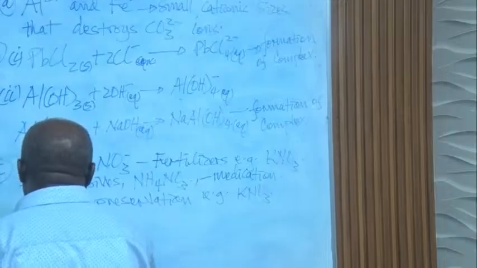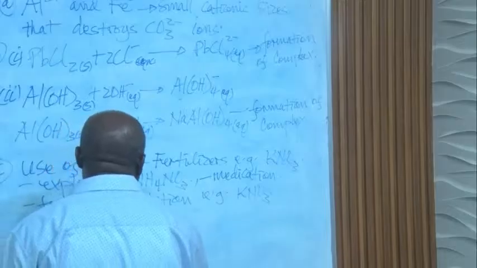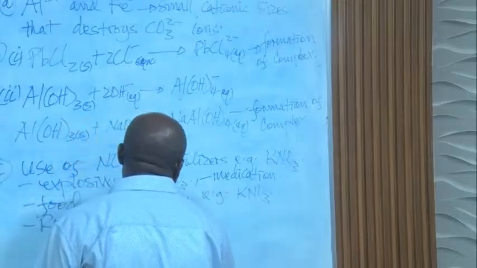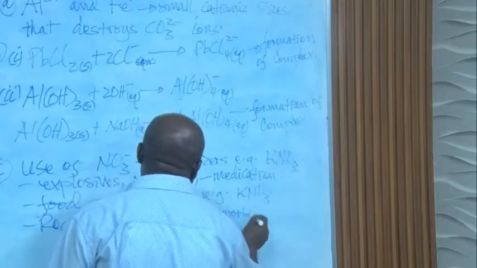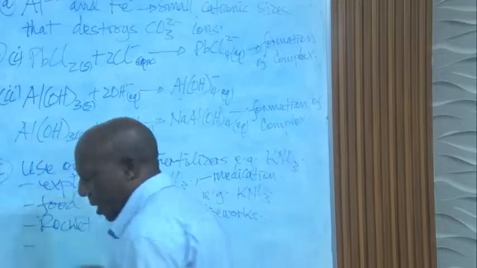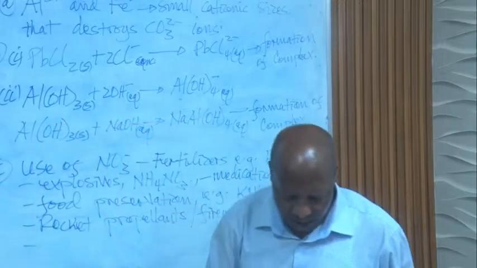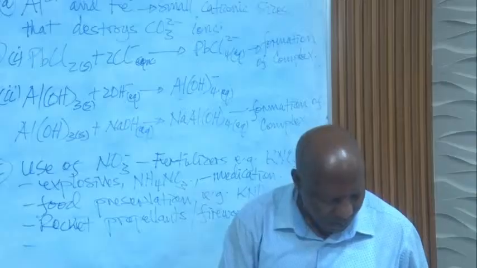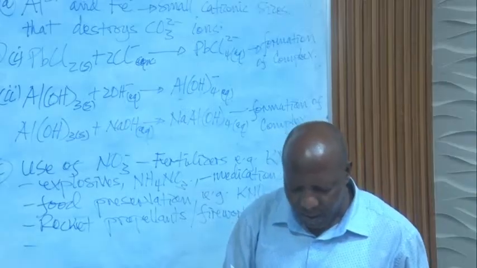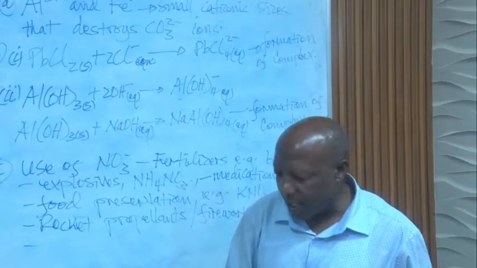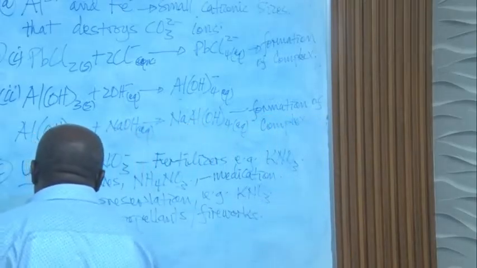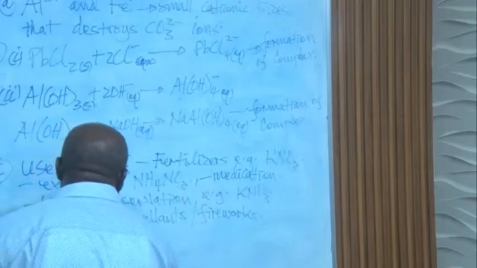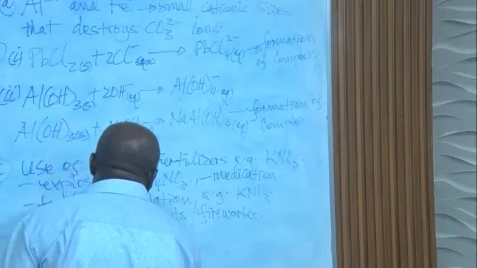Propellants and also fireworks. They produce a large amount of heat energy that can enable launching of rockets, and it is also one of the toothpaste ingredients.